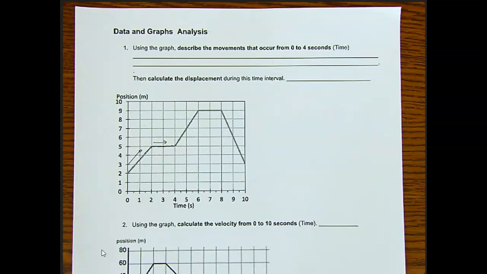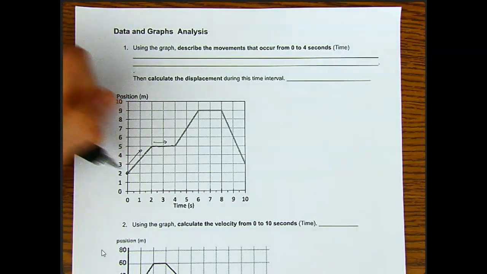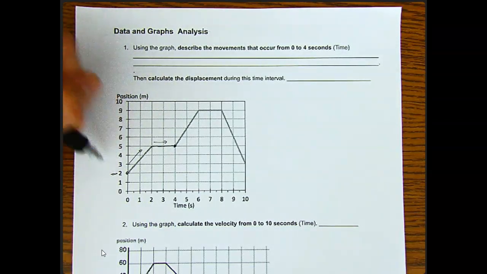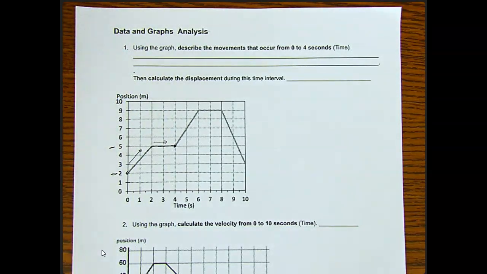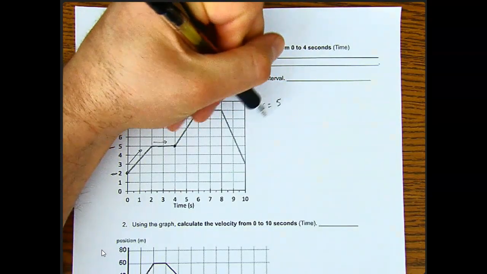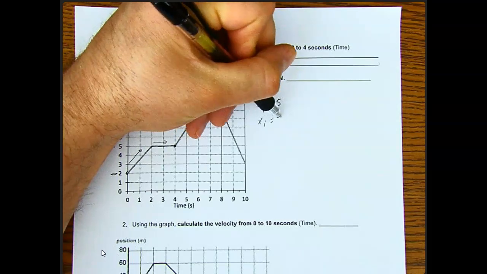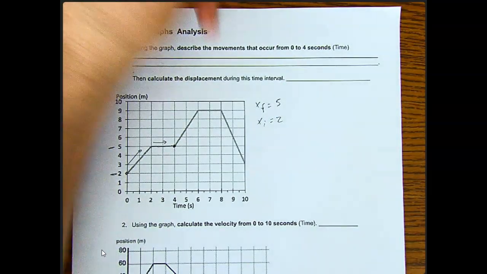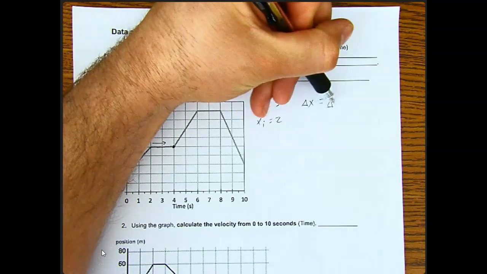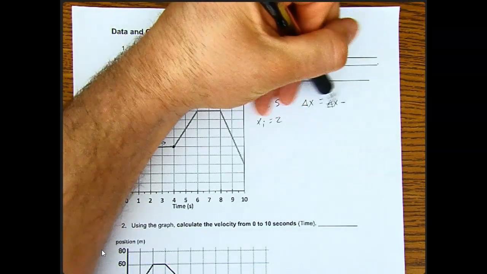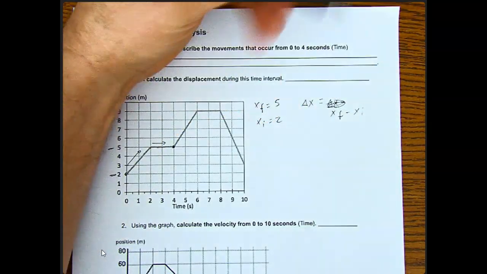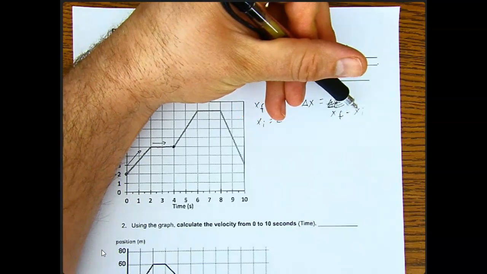Now for the displacement, what I see is I started at 2 and I ended at 5. You can see that I started here and I ended here. Another way to write that is that my final position was 5, but my initial position was 2. If I want to know my displacement, in the practice questions, displacement is final position minus initial position.